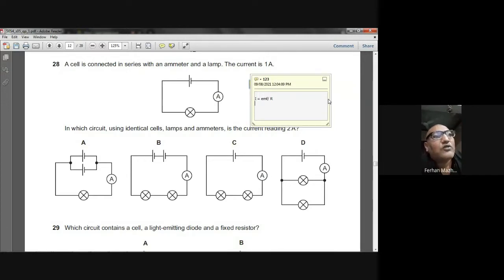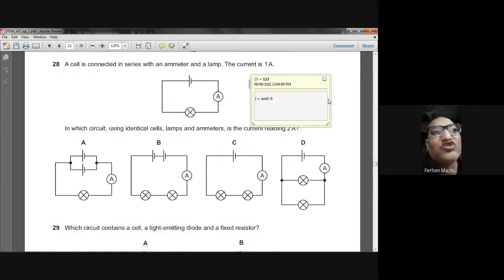So now I am looking for that option where the battery is the same, but the resistance has become half. How can you make the resistance half? By connecting two identical lamps parallel to each other. You must have studied, we have completed that chapter, that when you connect the lamps parallel to each other, the combined resistance will become half.